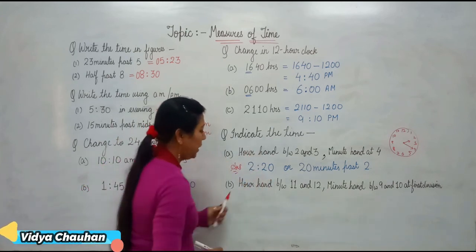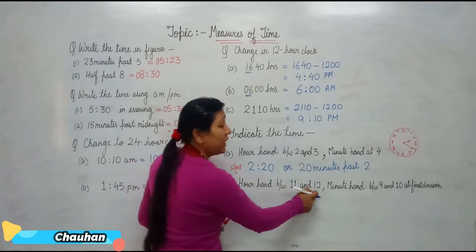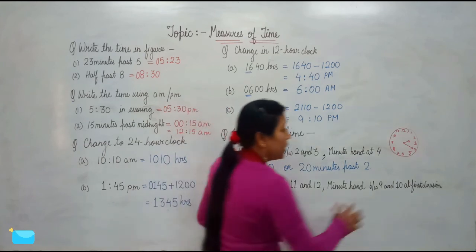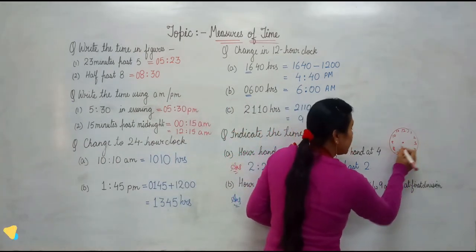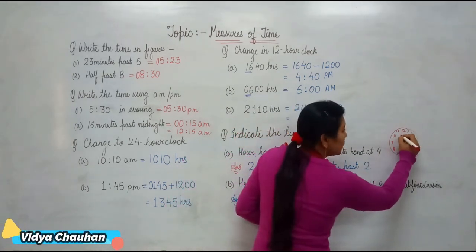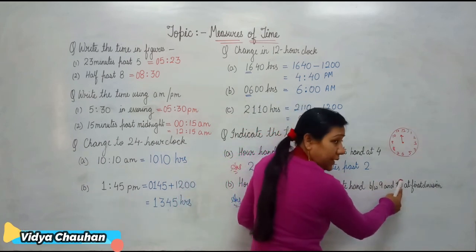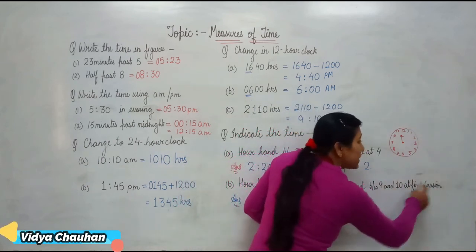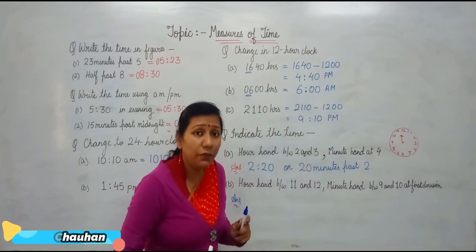Coming to the second part, what is our hour hand? It is between 11 and 12. So if I make the diagram with the same clock, the hour hand is between 11 and 12. So this is our hour hand, and the minute hand is between 9 and 10 at the first division. Where between 9 and 10?